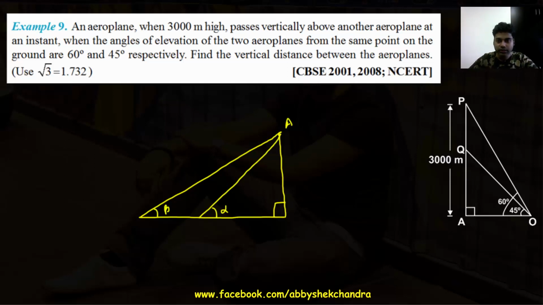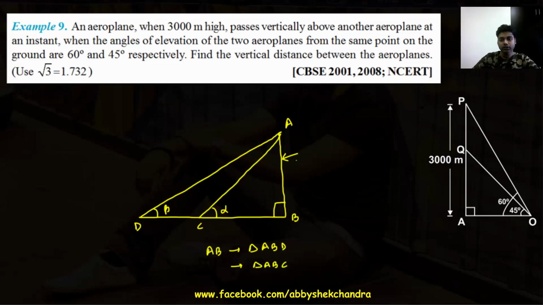In such questions, let's do the naming of the vertices. You see that AB is the common side of two right angle triangles, triangle ABD and triangle ABC.